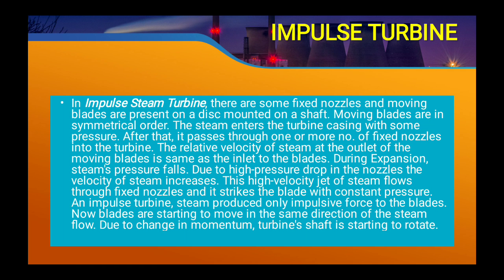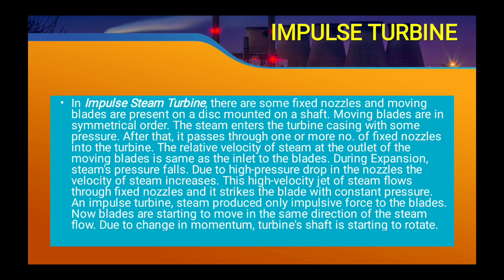In an impulse turbine, there are some fixed nozzles and moving blades present on a disc mounted on the shaft. Moving blades are symmetrical in order. The steam enters the turbine casing with some pressure. After that, it passes through one or more fixed nozzles into the turbine.